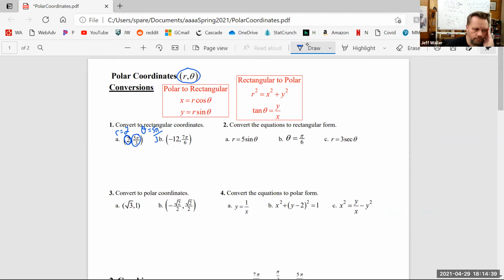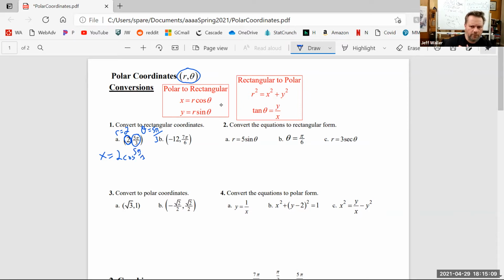Now, how do I convert? How do I get x? Somebody else that I haven't heard from yet. What would I do to get x? You just put in 2 cosine 5 pi over 3. Yeah. So x is r cosine theta, so it'll be 2 times cosine 5 pi over 3.